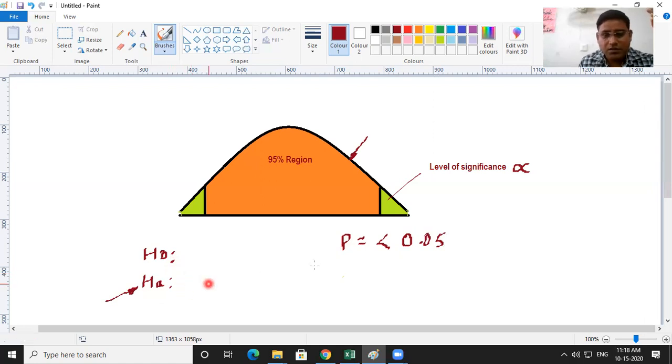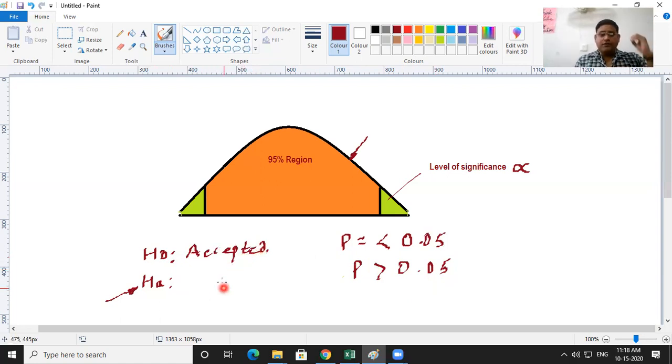But if my p-value is greater than 0.05 or 5%, in that case, my null hypothesis will be accepted. One more thing, whenever our p-value is greater than 0.05, means more than 5%, we cannot say that H naught, our null hypothesis, is accepted.